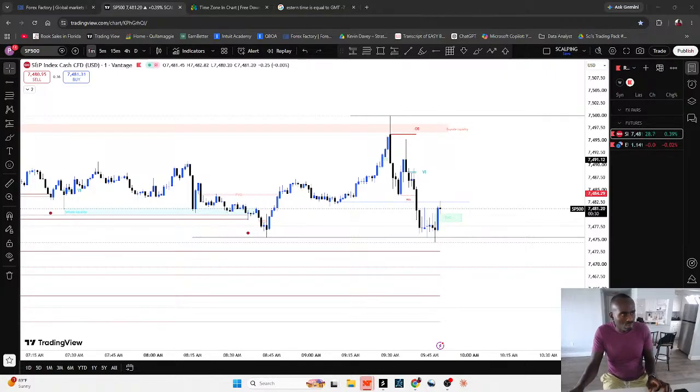Now I'm gonna look at the RTH hours. We have a gap up. To be honest, that's where I think I would probably look for a gap fill or filling half, like most of the gap. Let's see.